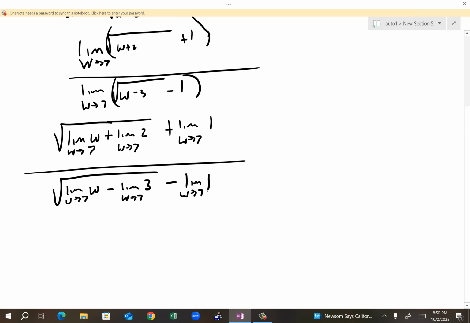Okay, so here we go. What is the limit as w approaches 7? It's 7. What's the limit of 2? It's 2.